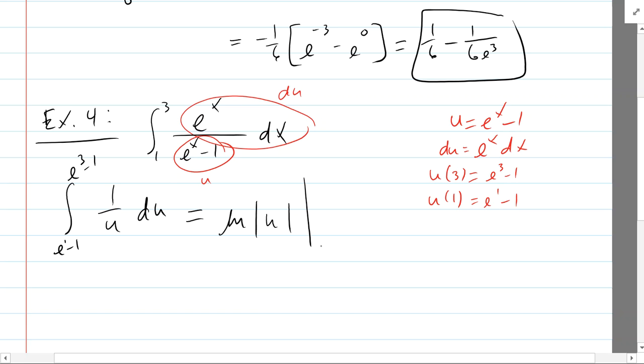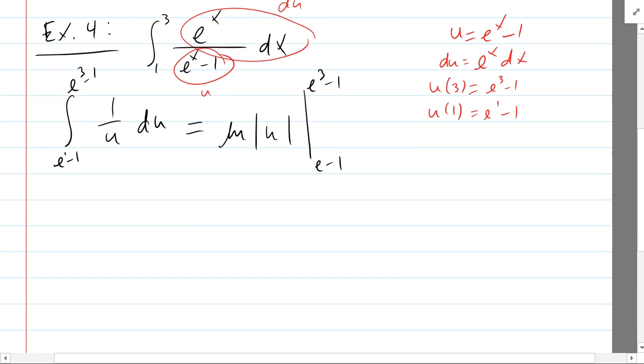And I'm going to evaluate from e minus 1 to e cubed minus 1. Do you see where this is going? It's going to get nicer, because we're going to plug these in. So does this equal the natural log absolute value of e cubed minus 1? And if you know anything about it, well, never mind, don't worry about it.